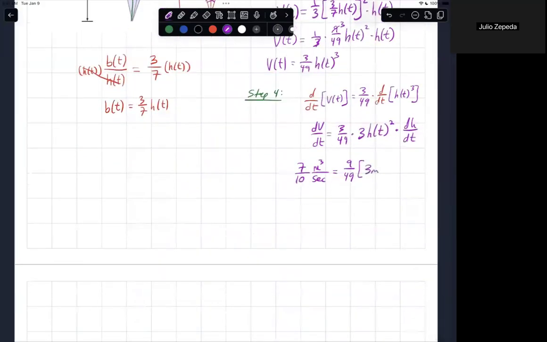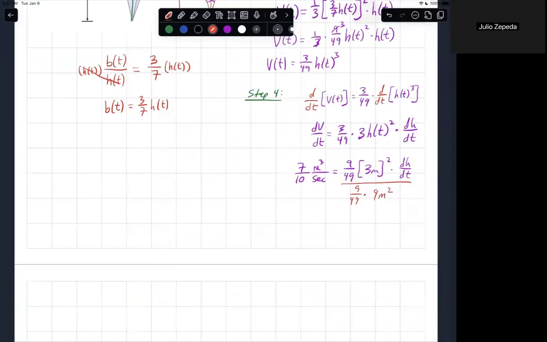So 3 meters squared times dh dt. So we want to solve for dh dt. We'll just divide 9/49 times 9 square meters, right? 3 squared. Oops, square meters.